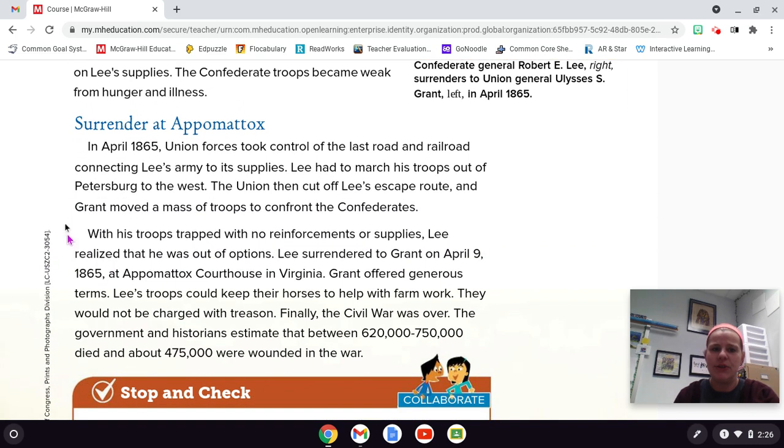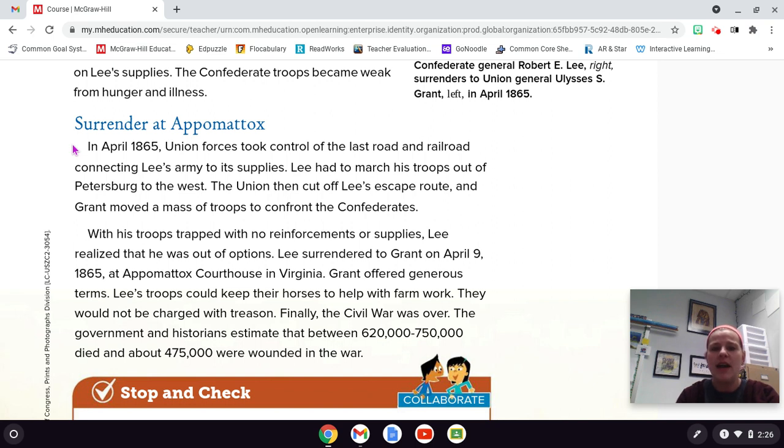That leads us to the surrender at Appomattox. In April of 1865, Union forces took control of the last road and railroad connecting Lee's army to its supplies. Lee had to march his troops out of Petersburg to the west.